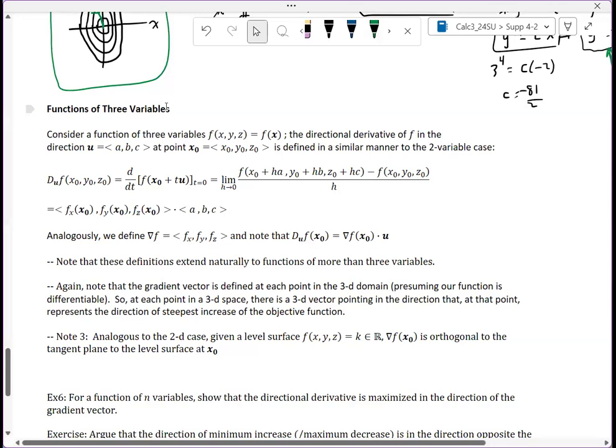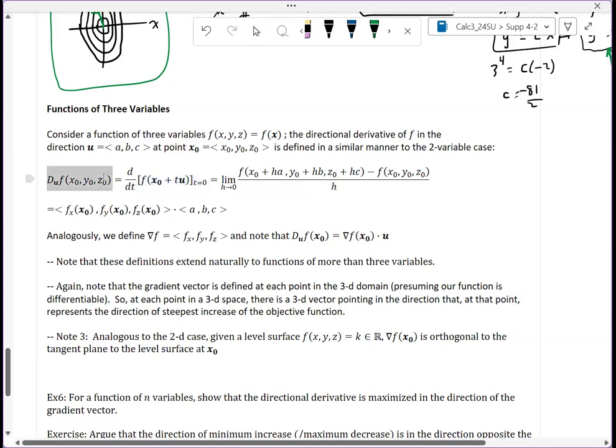All right, so how does all of this apply to functions of 3 variables? Well, we're going to see that this generalizes pretty nicely, especially when we write everything in terms of vectors. So consider we have a function of 3 variables. We want to find the directional derivative in the direction u, which is a vector with 3 components now, a, b, c, at the point x0, which has 3 components as well.